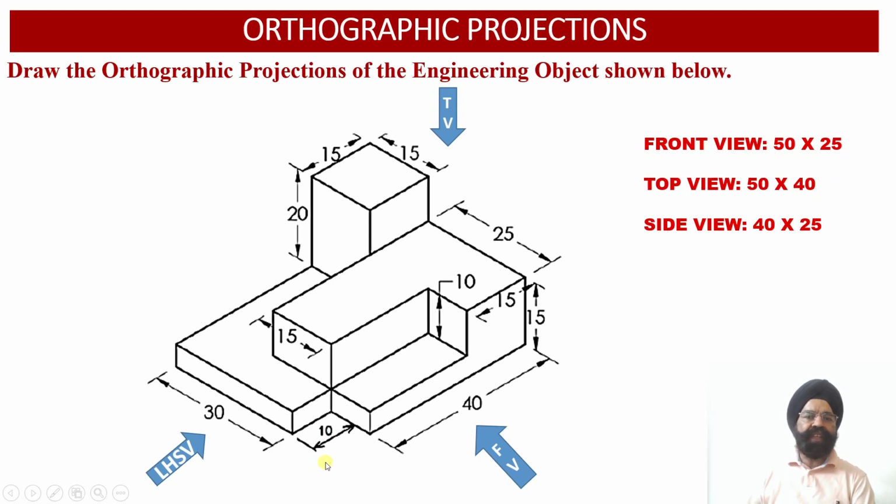Now when we observe the solid from the left hand side view orientation, we evaluate that the depth of the solid is equal to 40 millimeter, while the height of the solid is equal to 25 millimeter. So we observe that the dimensions of the side view face will be measuring 40 millimeter by 25 millimeter. Now we will proceed to evaluate the orthographic projections of the solid.